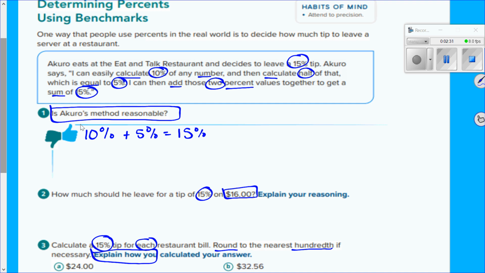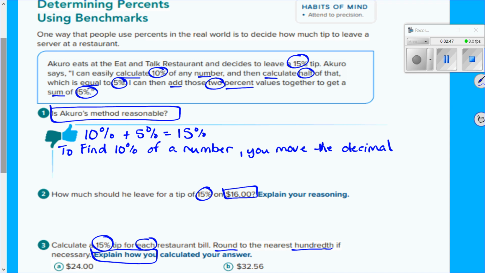Move the decimal 1 place to the left. Then how would we find 5% of that number?